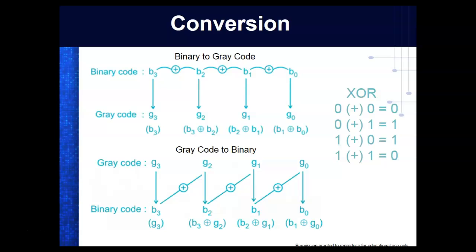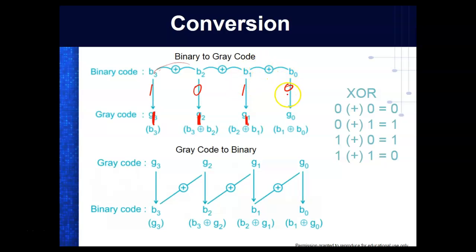So basically, write down a binary number that we want to convert over. Then we drop this bit down. Then we take this one and exclusive OR it with this one. That's a 0 and a 1, so that would give us a 1 right here. Then we take this one and exclusive OR with that one, we would get a 1.